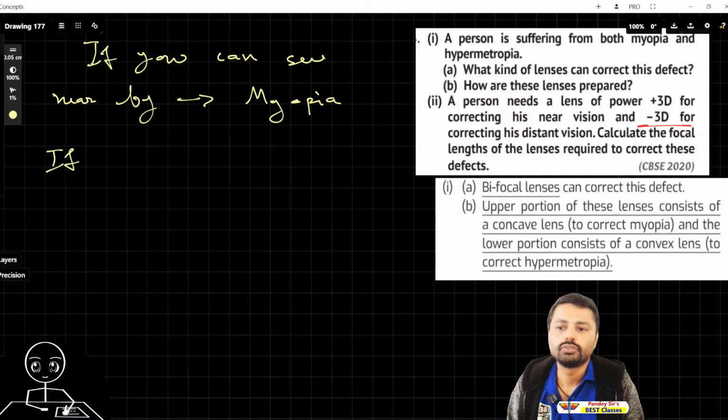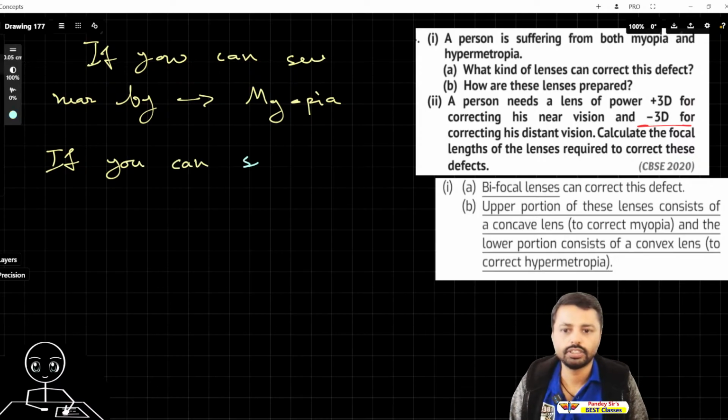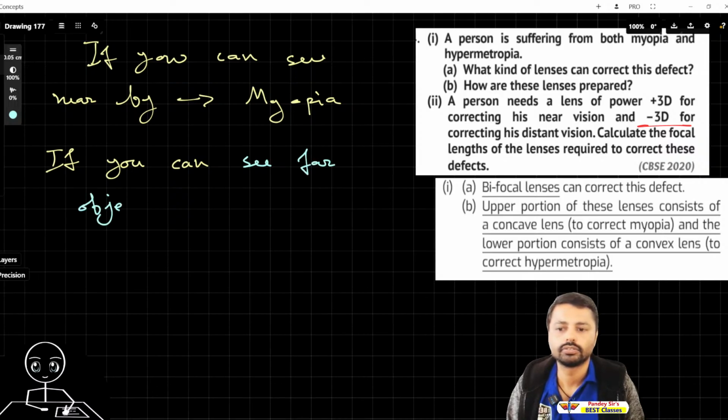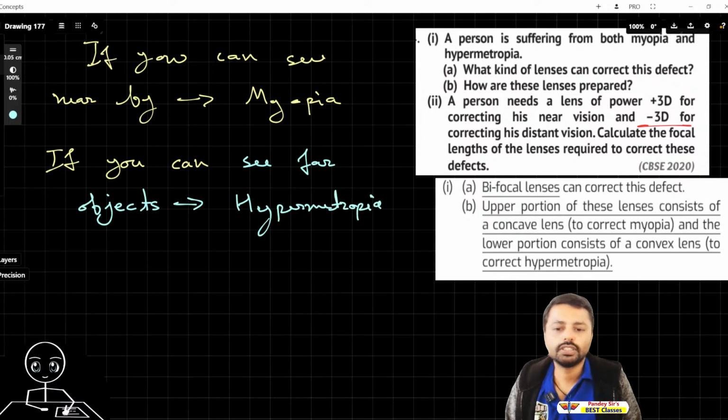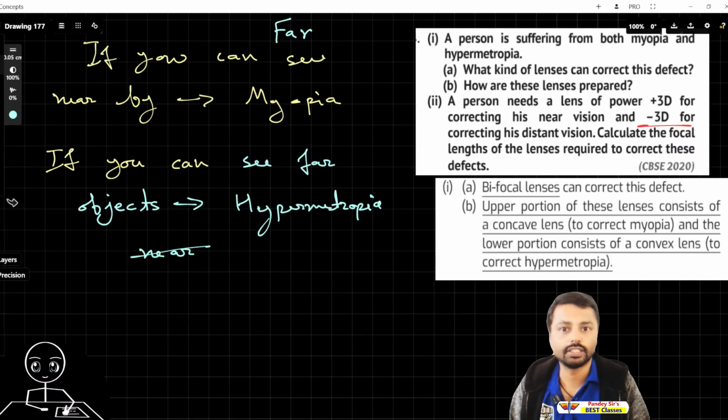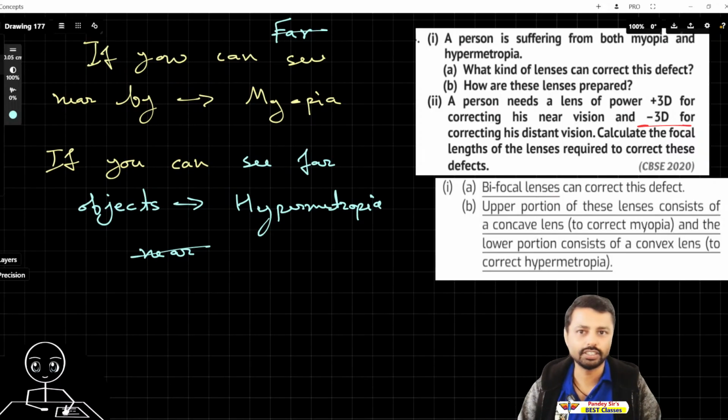So if you can see far objects, then hypermetropia. Now this person can't see close, so a near object it can't see. Hypermetropia person can't see the near object, but this person can't see the far object. Myopia person can't see the far object clearly. They can see, it's not that they can't see, but it won't be clear.